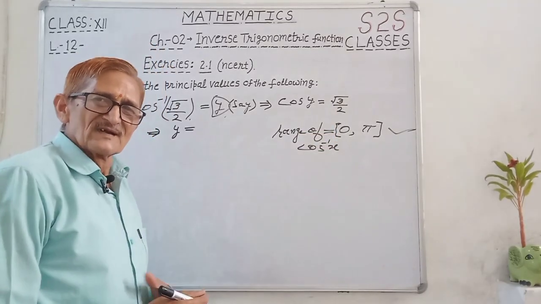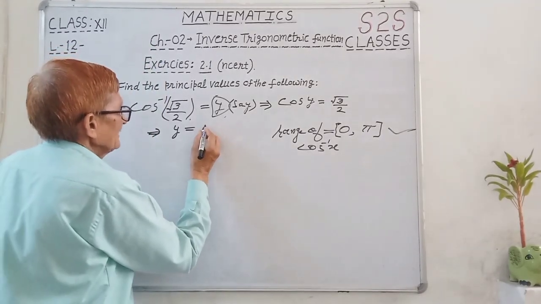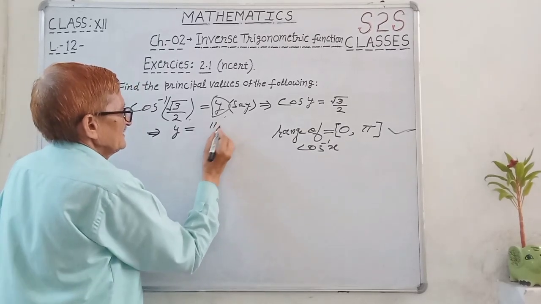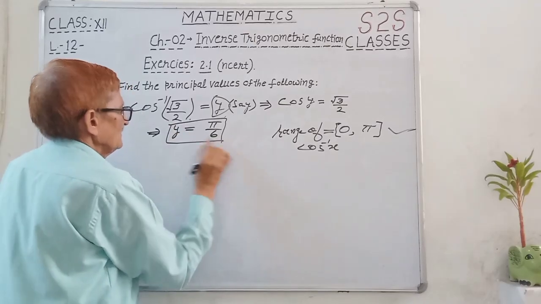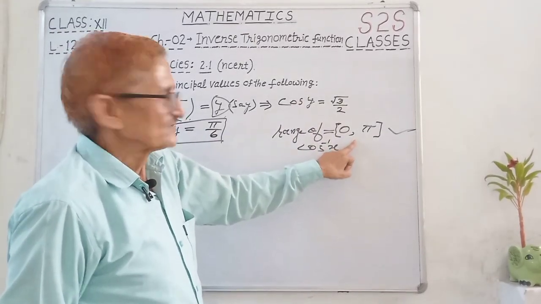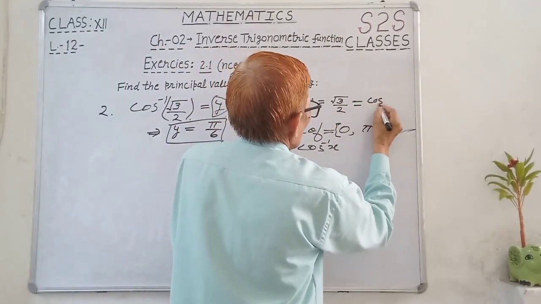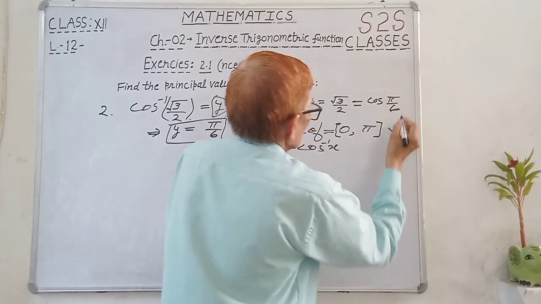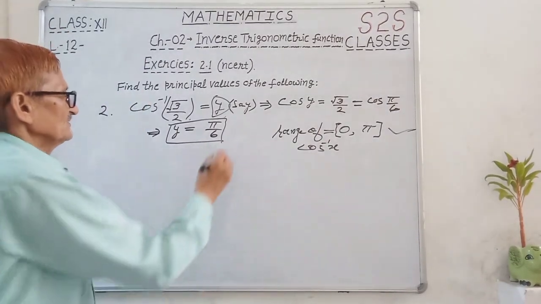Cos 30 degree, then it is pi by 6, in the branch. So we can write root 3 by 2 in the first quadrant as cos of pi by 6. Cos pi by 6 is root 3 by 2.